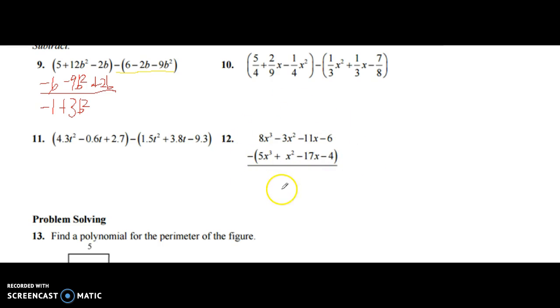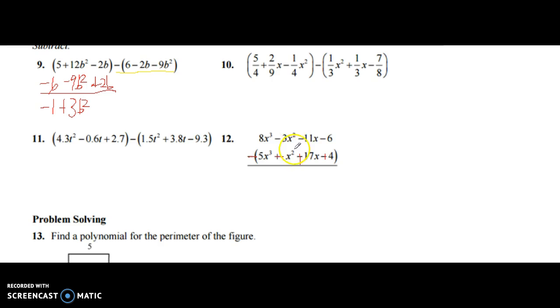It's already stacked, but I still have to go through and change all of my signs. So just remember, this is a negative 5x squared minus x squared plus 17x plus 4.